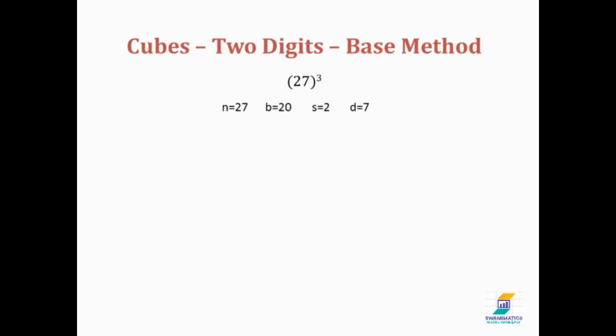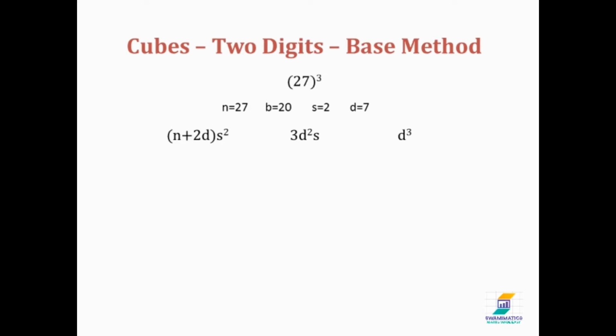Now from here, what do we do? We take 3 terms. The first term is the number plus 2 times the deviation, multiplied by the subbase square, that is, n plus 2d into s square. The next one is 3 times the deviation square multiplied by the subbase.